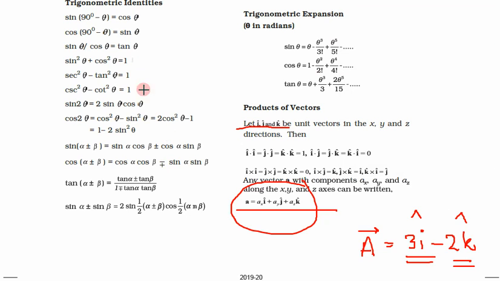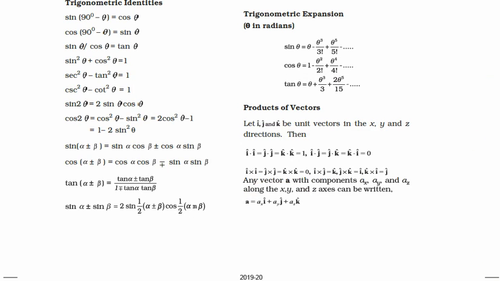Now let us solve other things. First of all, we have to learn some multiplication. How can we multiply? First of all, this is called the dot product. So what is the meaning of dot product?